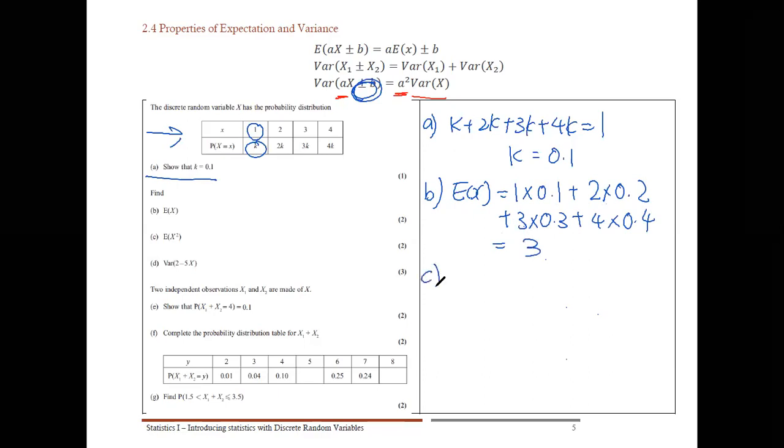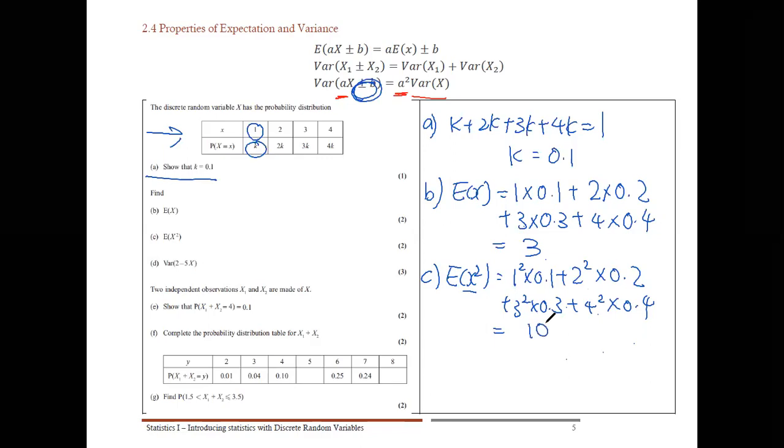C. How do we get the expectation of x squared? As I mentioned, if the expression is squared, we'll just follow. So it will be 1 squared times 0.1 plus 2 squared times 0.2 plus 3 squared times 0.3 plus 4 squared times 0.4. And the expectation of x squared will give you 10.